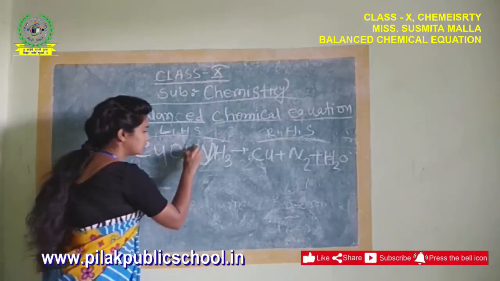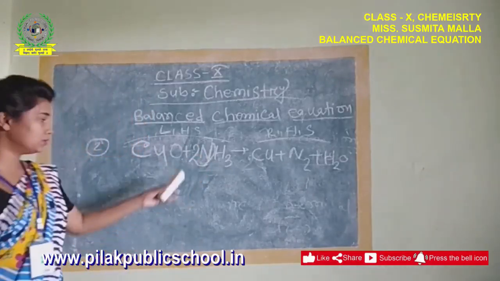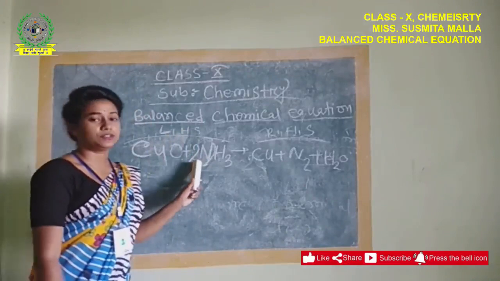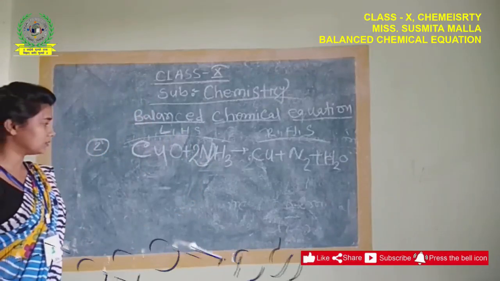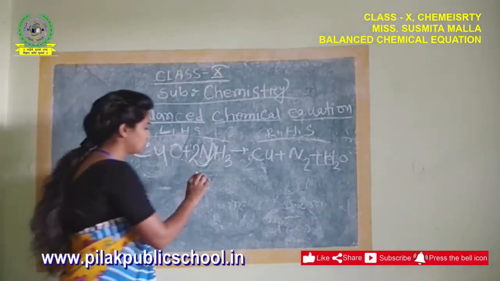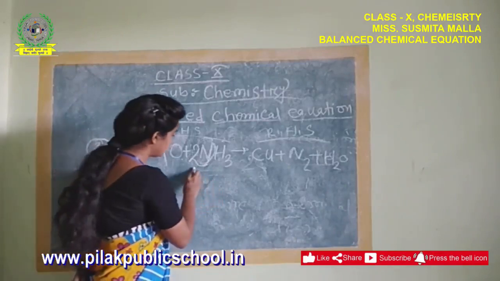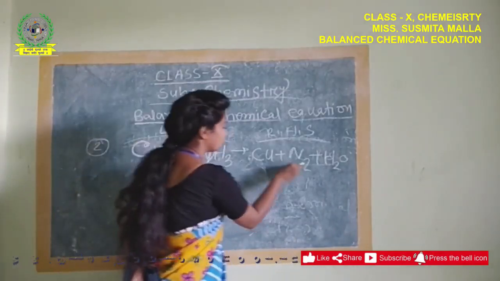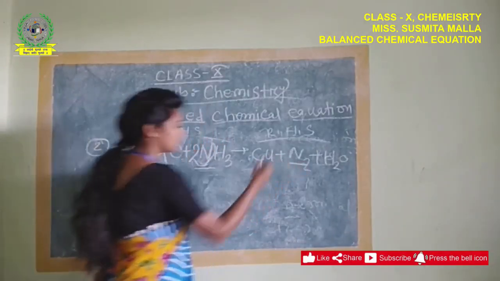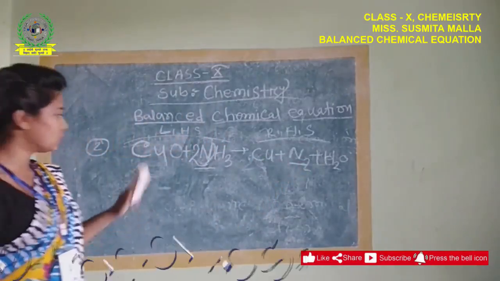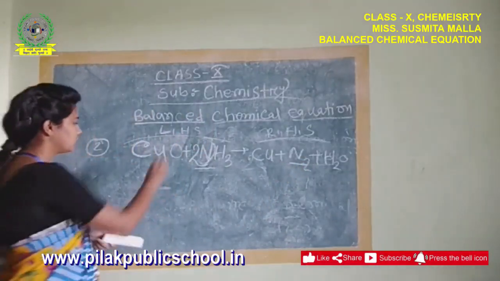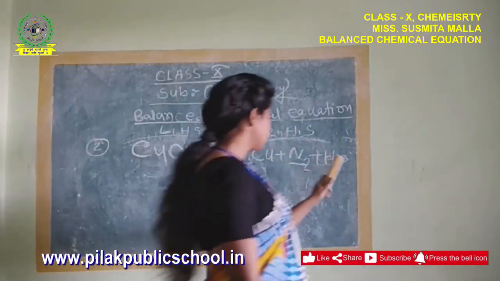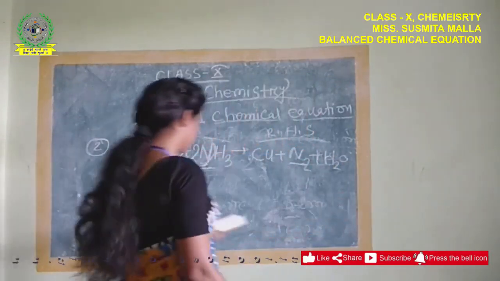We put 2 in the left hand side with nitrogen. Now we see there are 2 molecules of nitrogen and also 2 molecules of nitrogen. Next step is oxygen. There is 1 molecule of oxygen. There is also 1 molecule of oxygen.